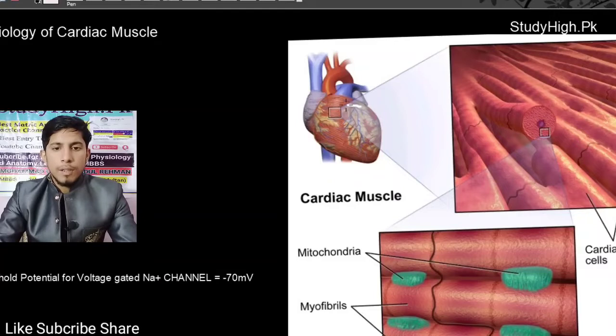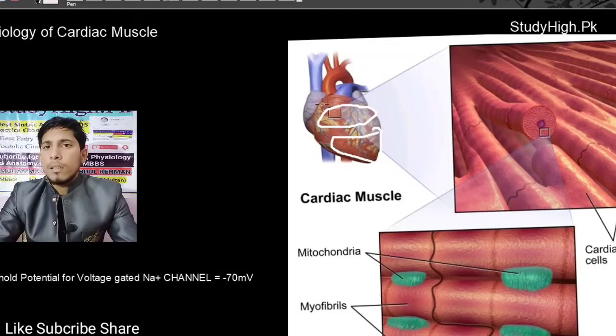Atrial muscles are involved in formation of the atria, ventricular muscles are involved in formation of the right and left ventricles, and the third type of muscles are those whose force of contraction is almost negligible, and their role is transport of action potential from the SA node or pacemaker to the atrial muscles and then through the AV node to the ventricular muscles, and they include different types of Purkinje fibers as well. So these are the three important types of muscles.